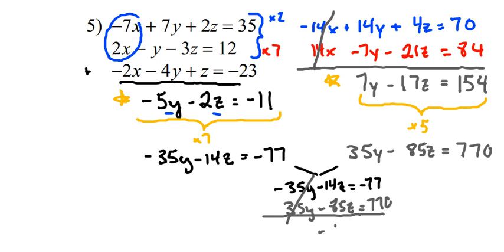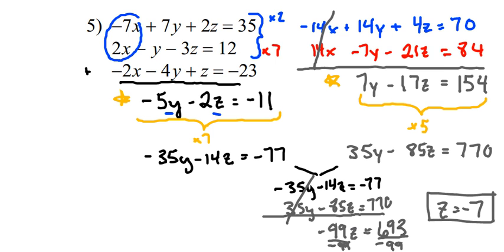That is negative 99z, and then negative 77 plus 770 is 693. When you divide 693 by negative 99, like so, you get the first variable. z is negative 7. Good for us.